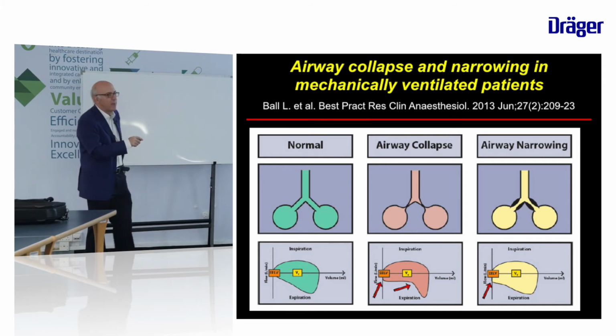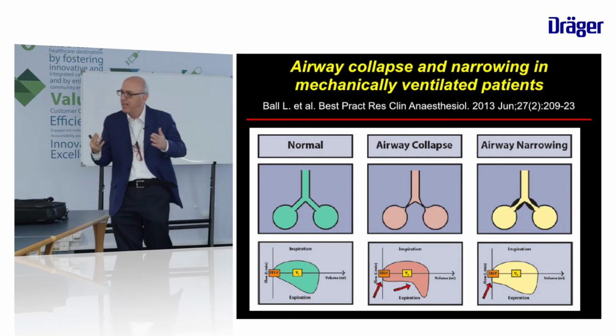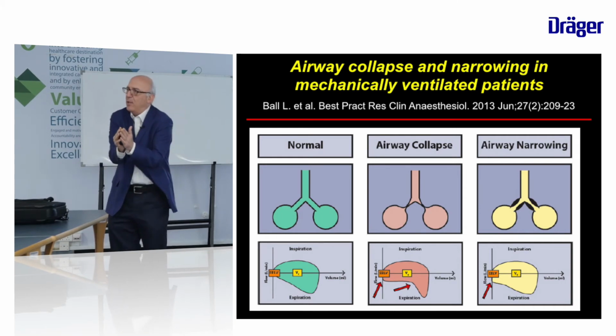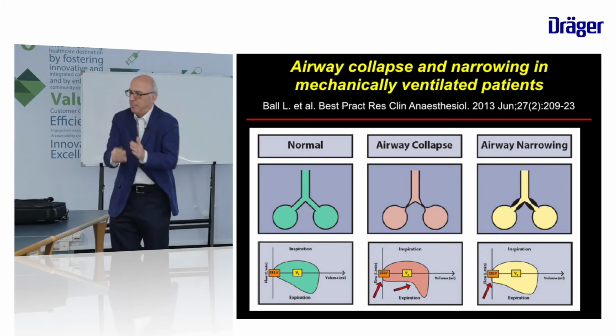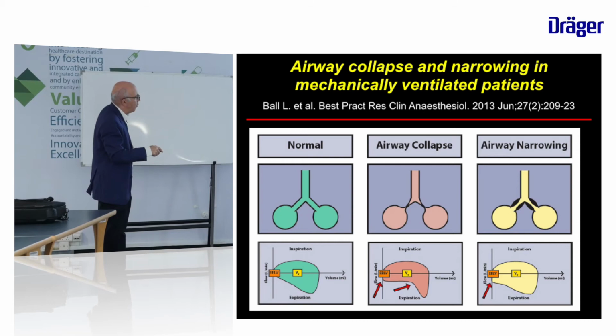When you have airway collapse, what does it mean, airway collapse? Typically of emphysema, you have a collapse of the airways during the end of expiration. And you see that you have a peak flow, which usually is lower than normal, and then you have a convexity towards the volume axis, and then you have flow, no zero flow at end expiration, okay?